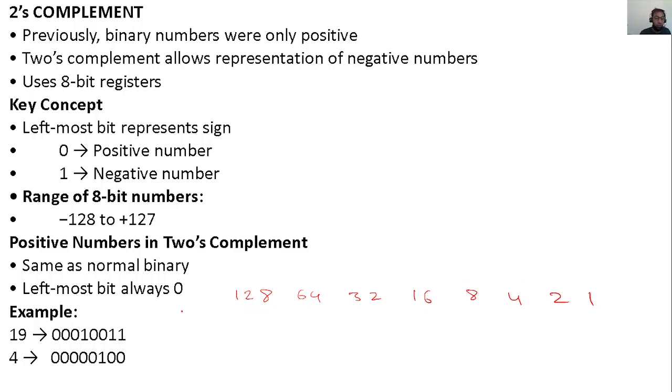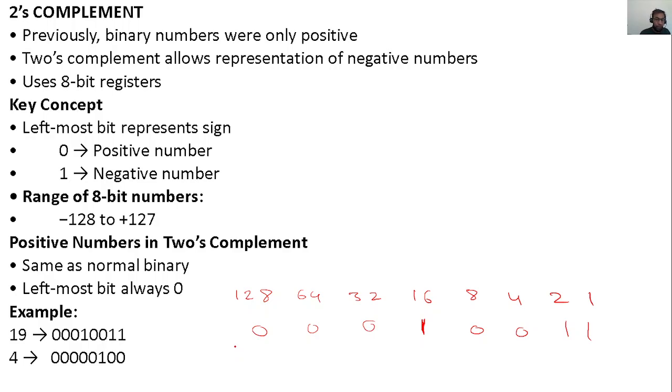Now, these are basically the powers of 2. Of 128 and the others, which number is smaller than 19? 16 is the number that is smaller than 19, so we put 1 with the 16. 16 plus 2 plus 1 gives us 19. So we will put 1 with these numbers and zeros with the others, and all the left bits will be considered as 0.